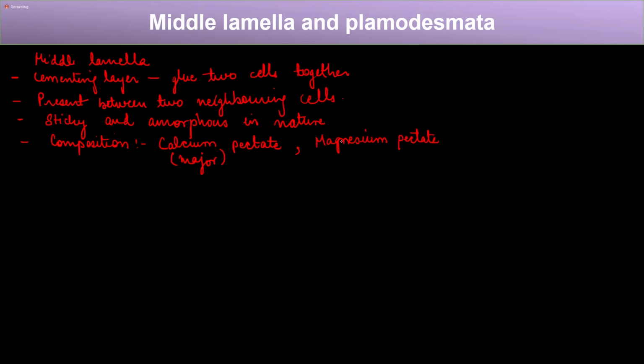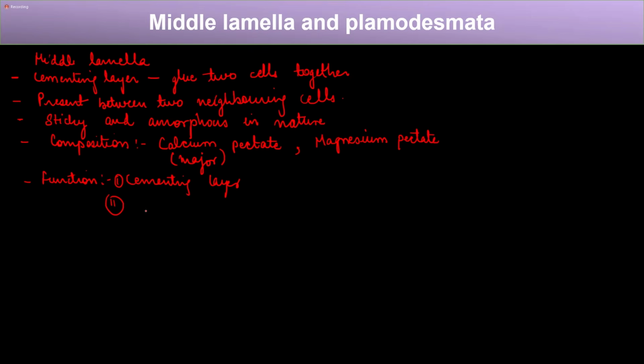Now, if you talk about the function, one function we saw is that it acts as a cementing layer. And the second function is in raw fruits. In raw fruits, this middle lamella is hard, but when the fruits become ripened, this middle lamella becomes soft.